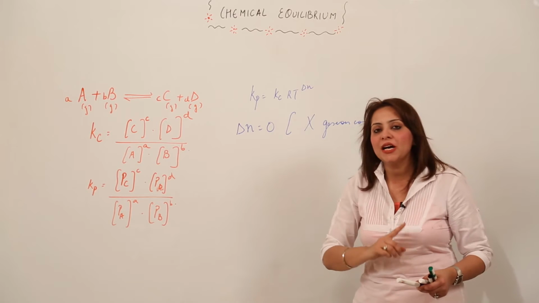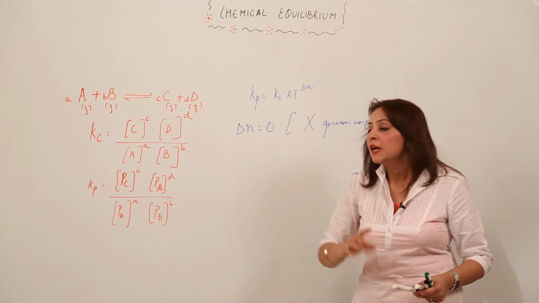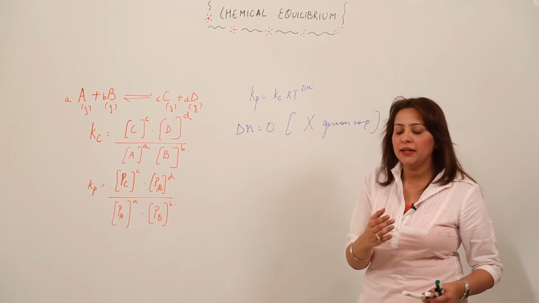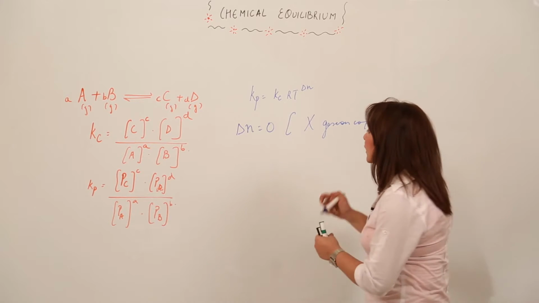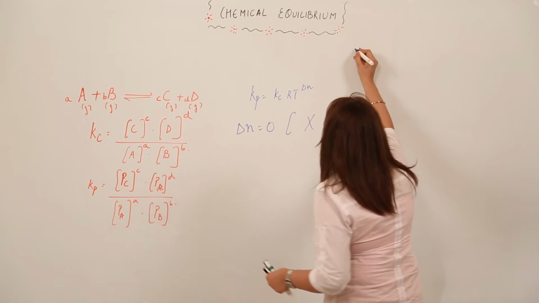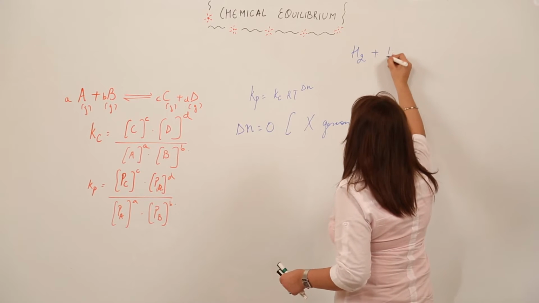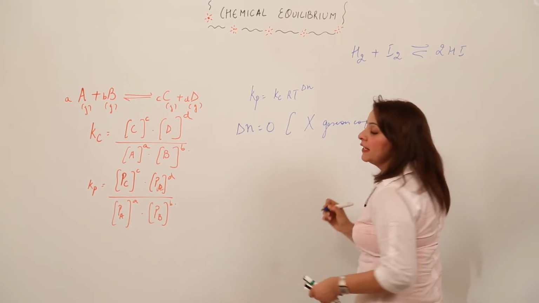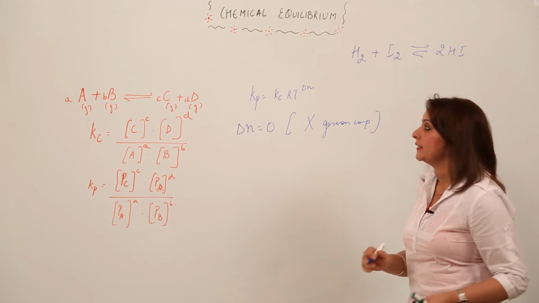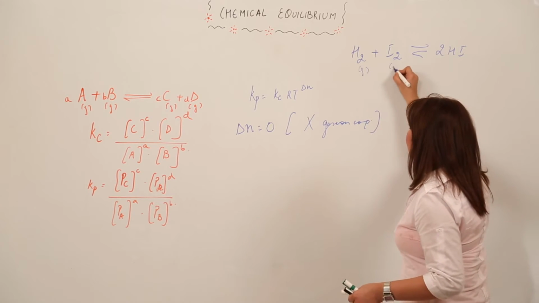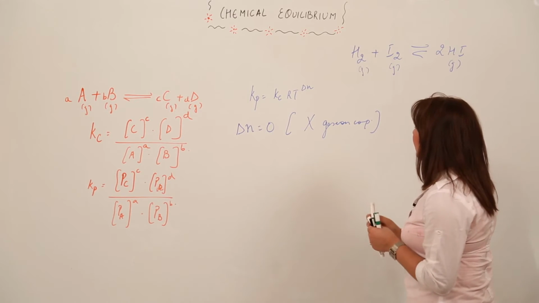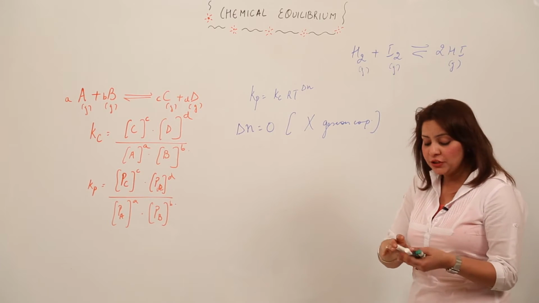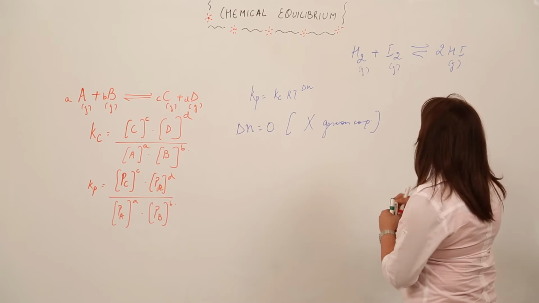I think you know how to calculate the change in number of moles, but still I'll do an example for you. Suppose we have a reaction, I'm writing here H2 plus I2, reversible reaction, 2HI. If I wish to calculate the change in number of gaseous moles, and all of them are present in gaseous state, how am I going to do that?